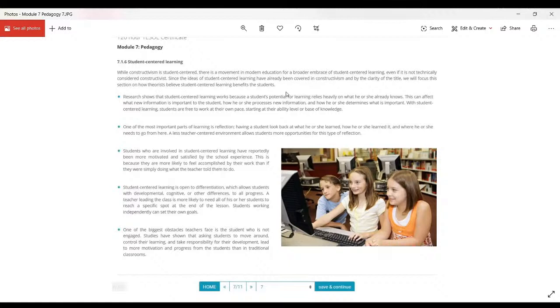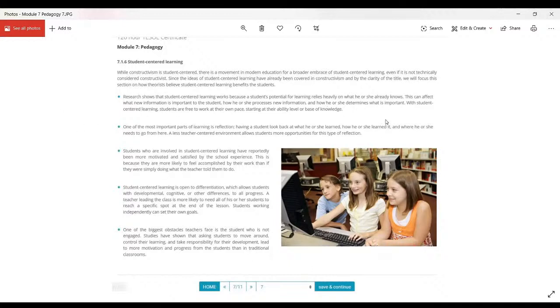Since the ideas of student-centered learning have already been covered in constructivism, and by the clarity of the title, we will focus this section on how theorists believe student-centered learning benefits the students. So here are five bullets, makikita nyo kung ano-ano iyon. So let's go through each bullet.